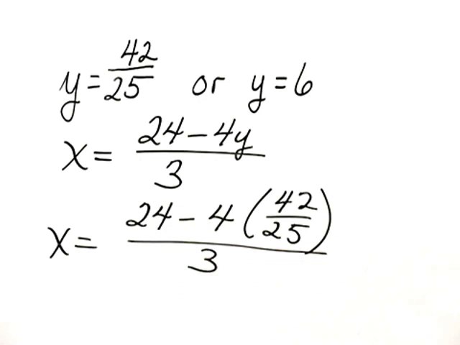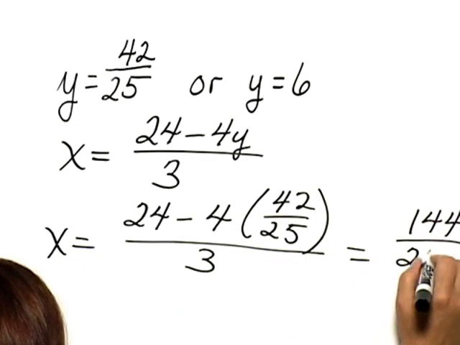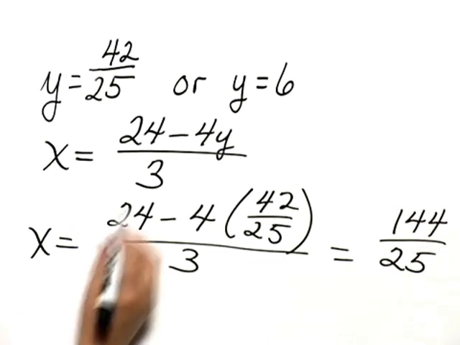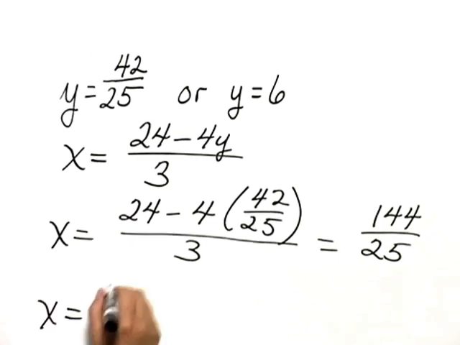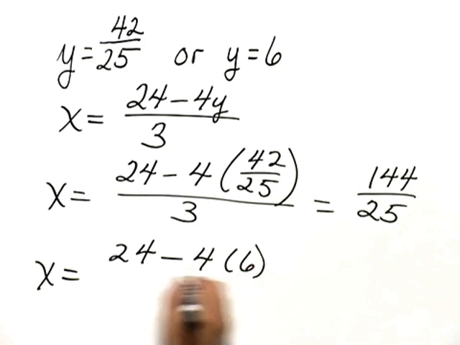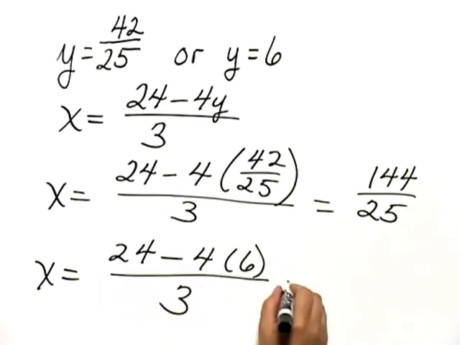And when we work that out, we have that x is 144 over 25. That gives us one solution. And if y is 6, we would have x is (24 minus 4 times 6) over 3, which would be 24 minus 24 over 3, or 0.